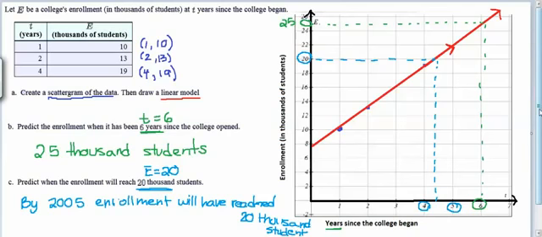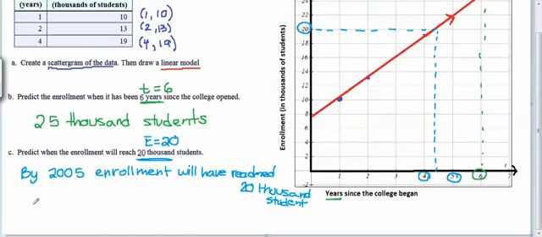Or another way to phrase that would be to say during 2004, enrollment will reach. And you'll want to look carefully at the word problem instructions to see what it's looking for there.